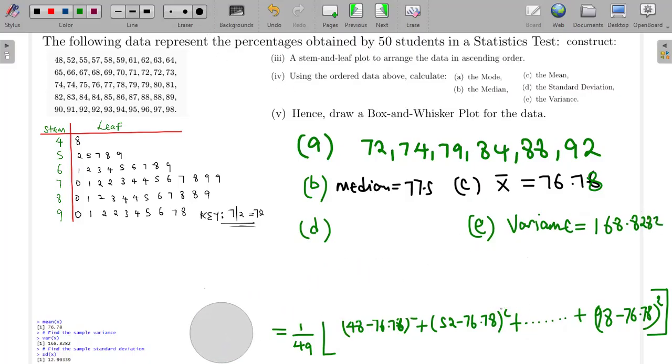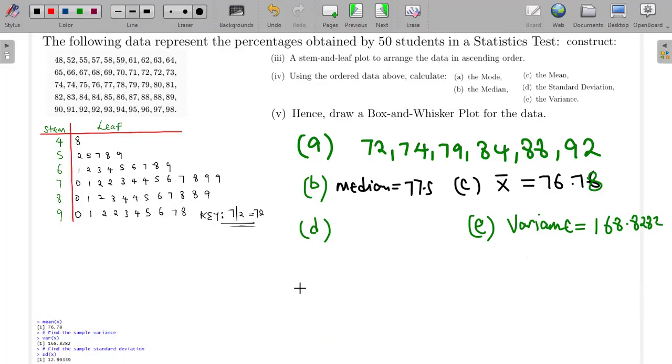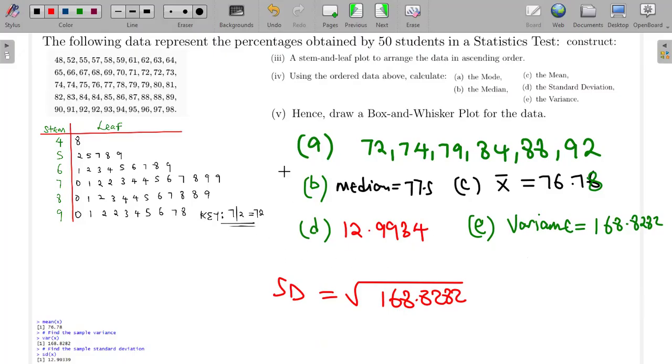Once I find my variance, it's very easy to find the standard deviation. It's just going to be s equals the square root of the variance. So once you do the square root of the variance, you're going to get approximately 12.9934. Okay, so that is my variance and that is my standard deviation.